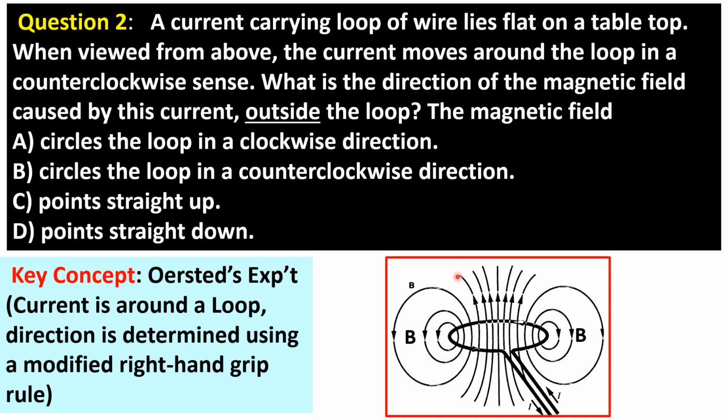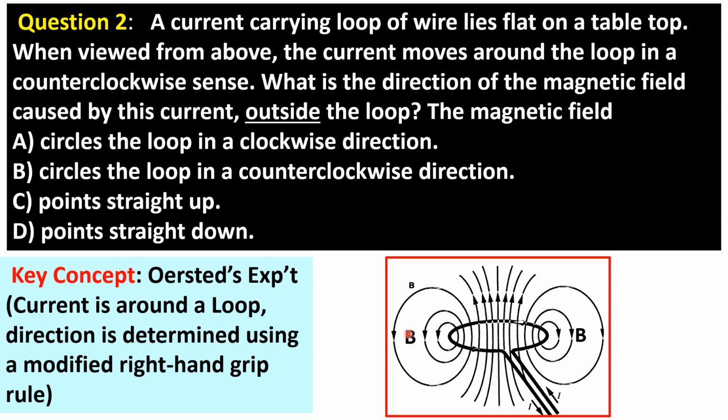We can imagine that this is just part of the whole loop that is circling this loop. And again, just like what's shown by this arrow, at that particular point, it is tangent to that circle.